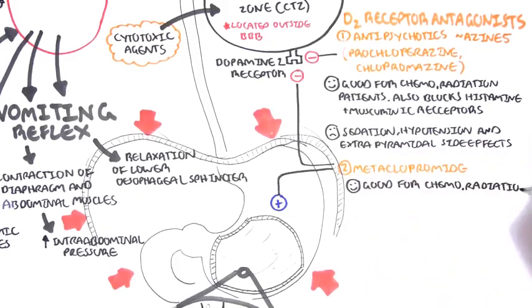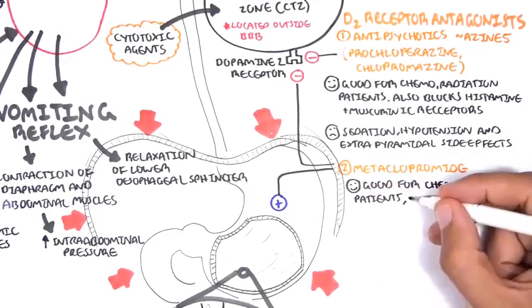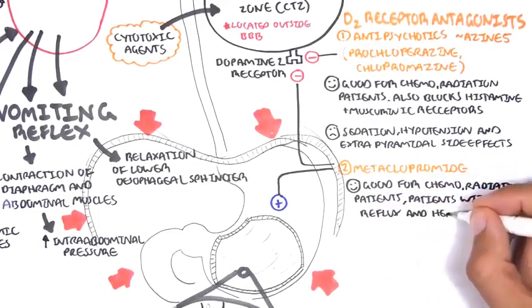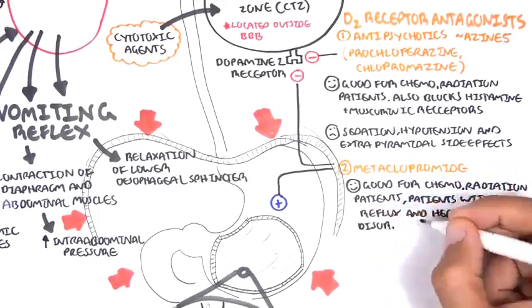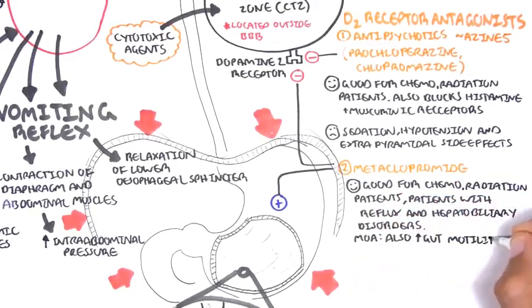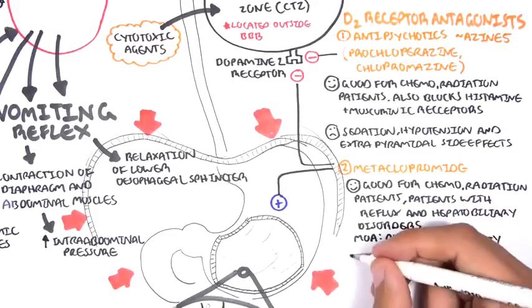Metoclopramide is good for chemotherapy and radiation patients who have nausea and vomiting, as well as patients with reflux and hepatobiliary disorders. As for its mechanism of action, not only does it work as a dopamine 2 receptor antagonist, but it also works in the gut, increasing gut motility.